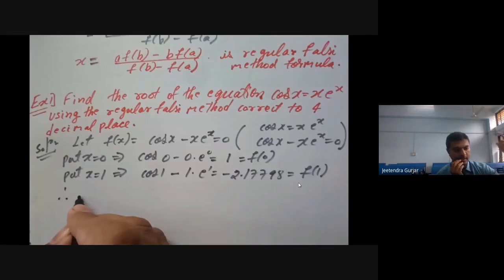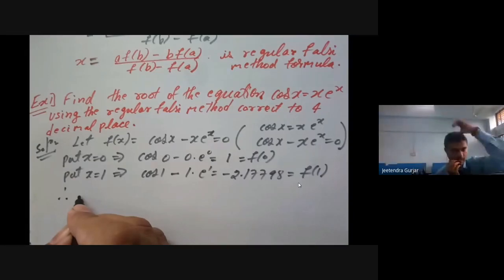In the last example also we have seen, when we put the initial values, one you should get greater than 0, one you should get less than 0. That is, the root lies between a and b. If you take a as positive, b must be negative. If you get a as negative, then b must be positive.